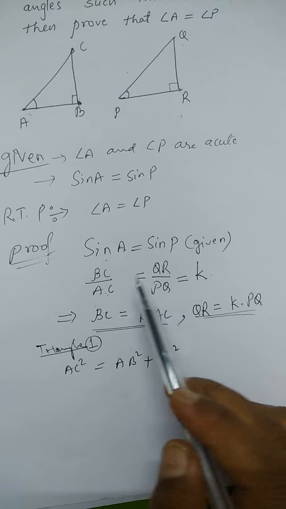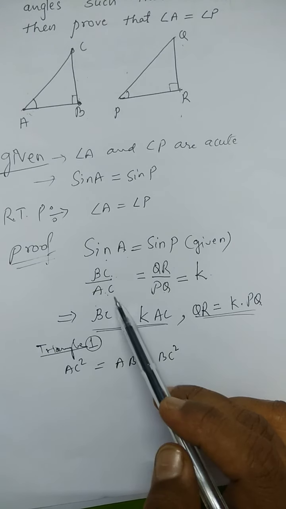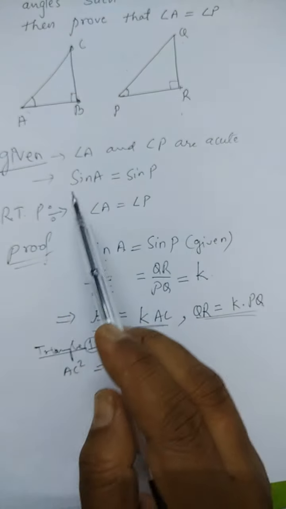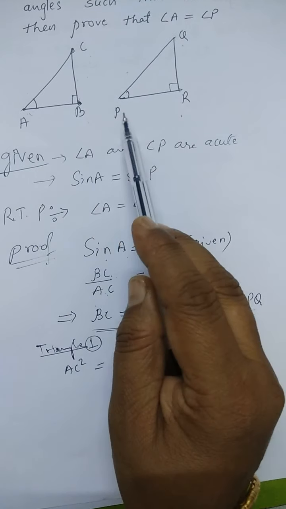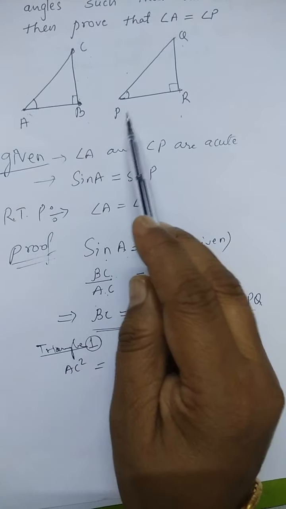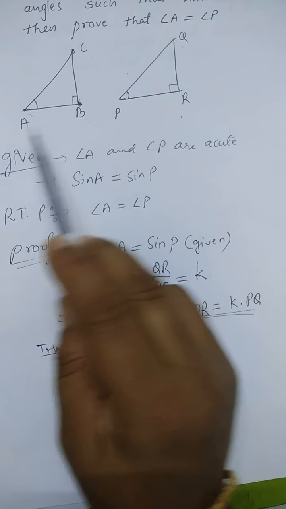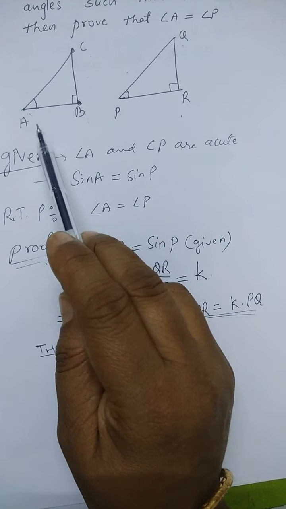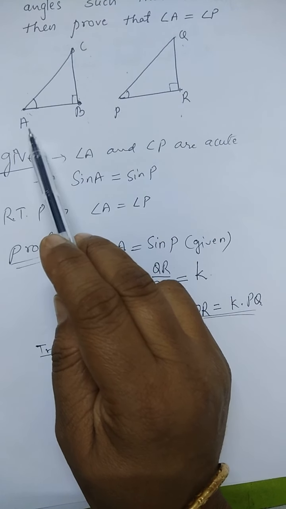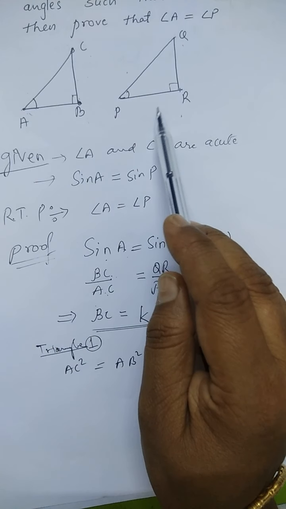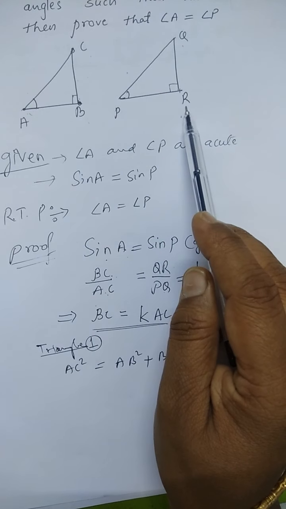Here the ratio is given, BC upon AC, which means the BC and AC sides are given, but AB is not given, right? So AB and PQ. Oh, sorry, AB and PR. About this side, nothing is given. So what do we have to do? We have to consider the side AB here and the side PR here.